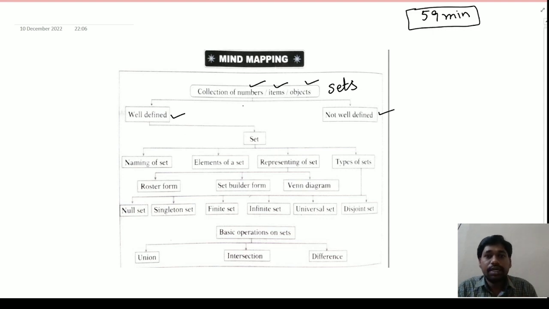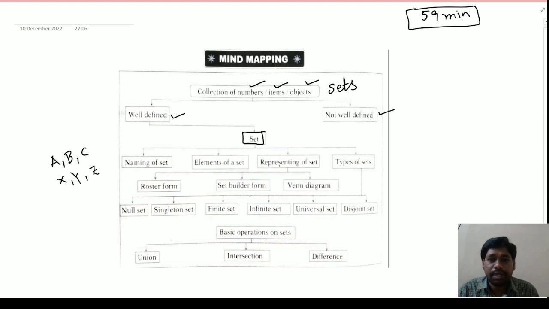The collection of numbers, items or objects which are well defined is called a set. Naming of a set is done with capital letters like A, B, C, X, Y and Z.